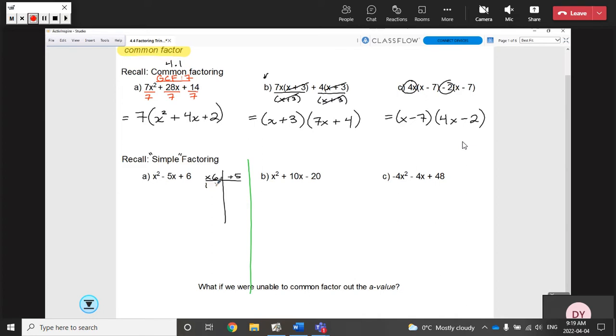So 1 and 6, negative 1 and negative 6, 2 and 3, negative 2 and negative 3, and I think that's the winner right there. Negative 2 plus negative 3 equals negative 5.